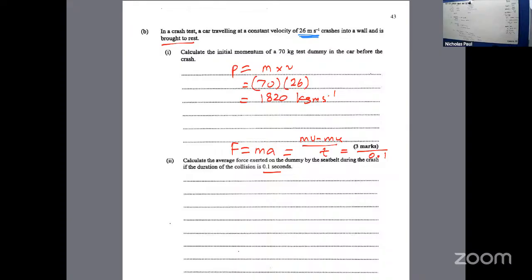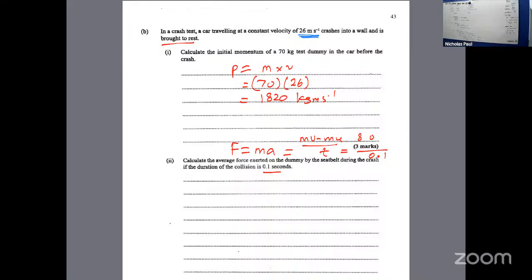It's 1820 to 0 because the dummy was at rest. So the change in momentum is 1820 to 0. Actually, the other way around. Yes, you are correct.